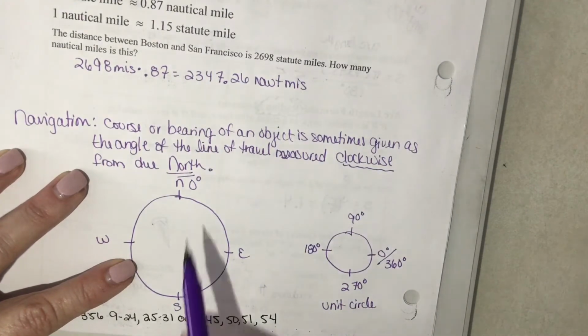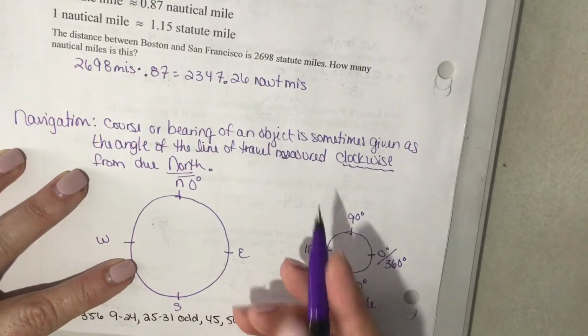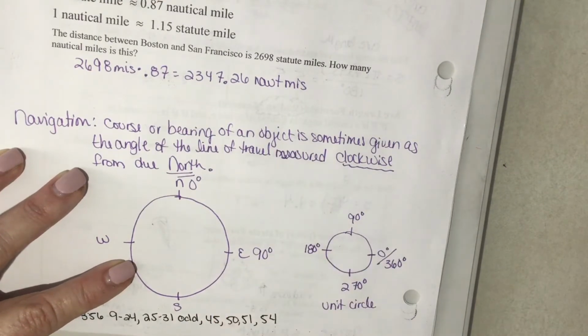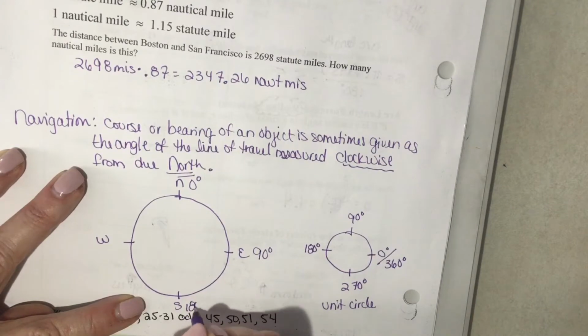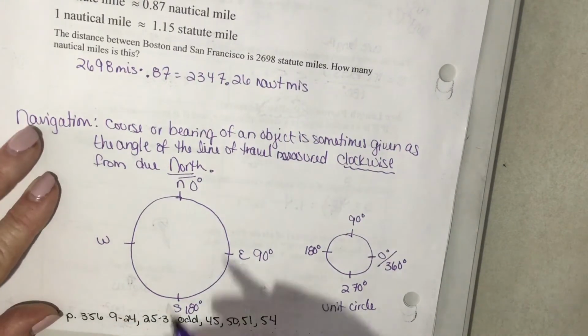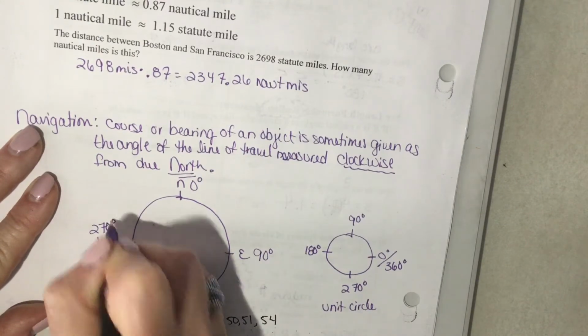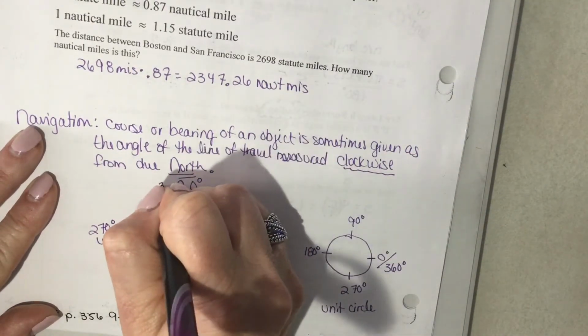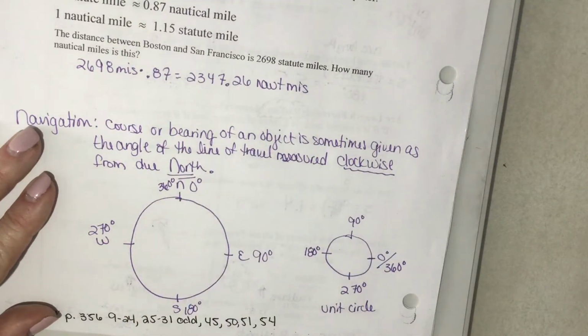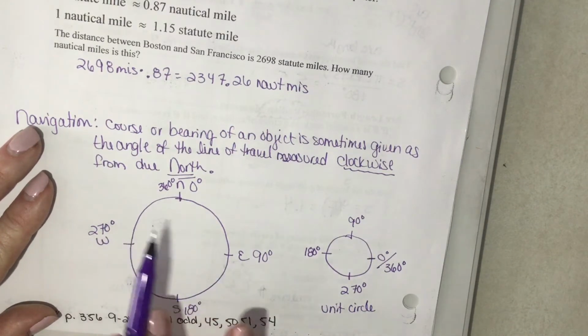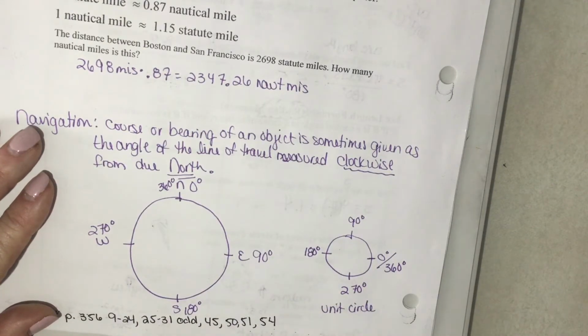Then if I go clockwise, where is 90 at? And continue on. South then becomes 180. West is 270. And then I get back to north, and I've done a full circle at 360. So navigation uses a different degree measurement than what we see in the unit circle. And actually, to me, this makes a little bit more sense. All right, so now let's fill in our unit circle a little bit. Excuse me, our navigation compass.